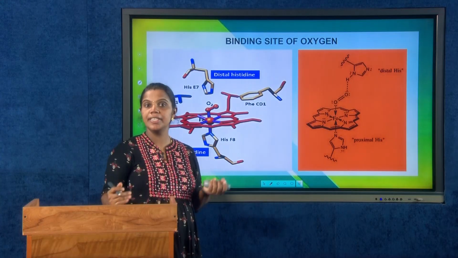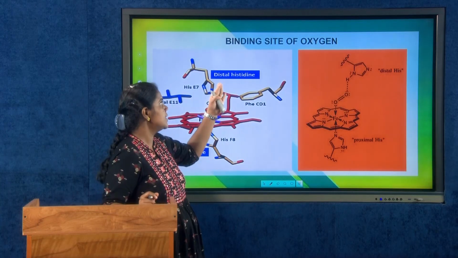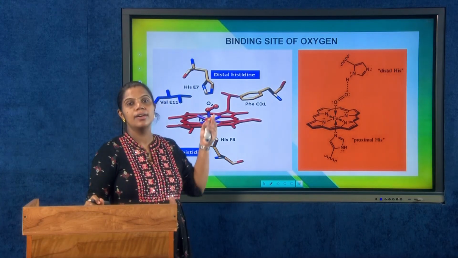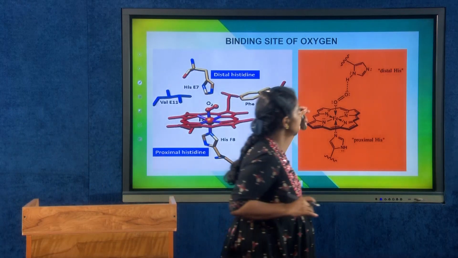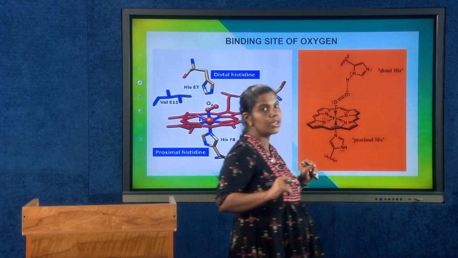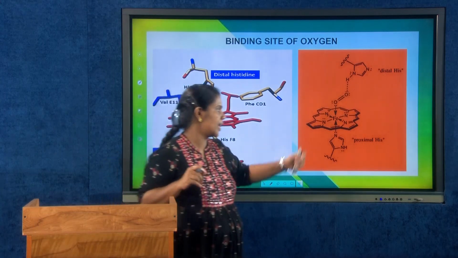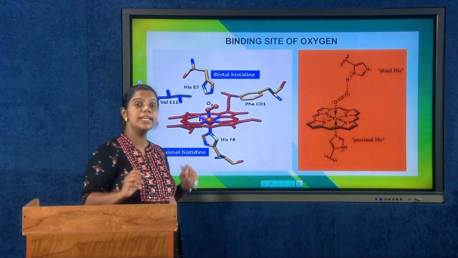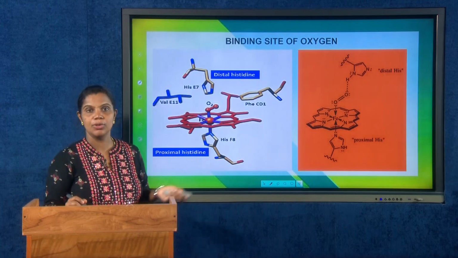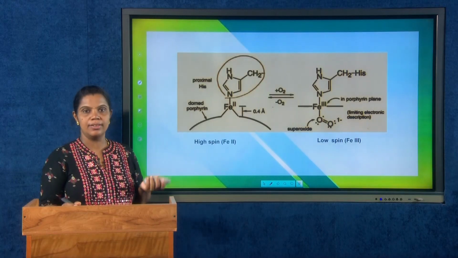We will see in detail what is the role of distal histidine in the binding of oxygen. Here you can see that the distal histidine is actually not ligated to the iron atom, but the proximal histidine is clearly ligated to the iron atom, the iron 2 plus.